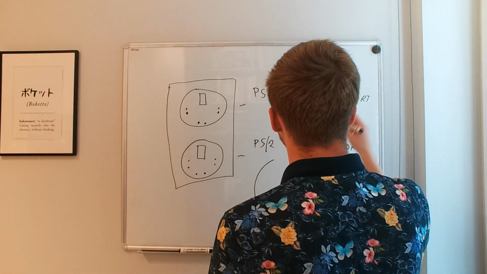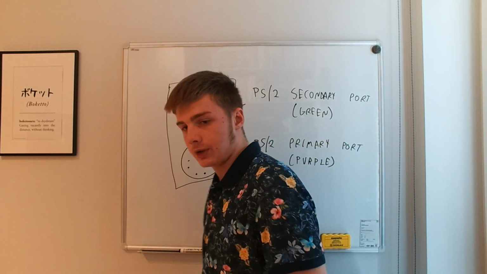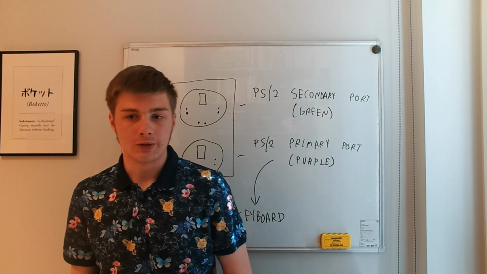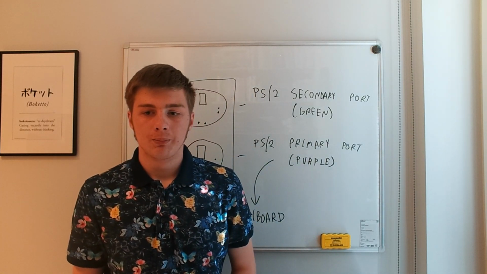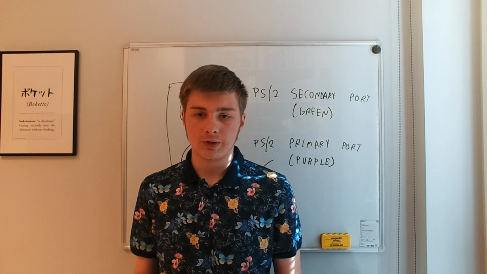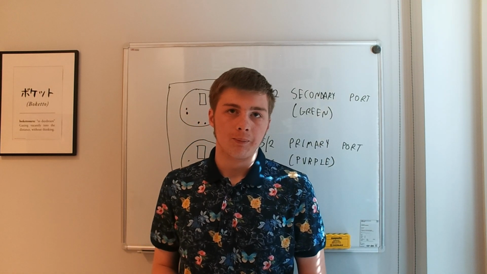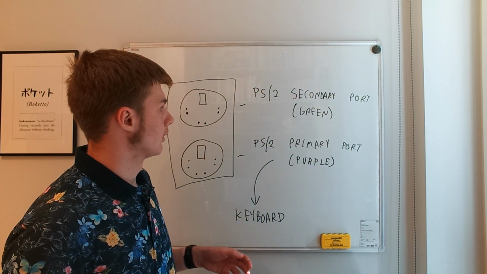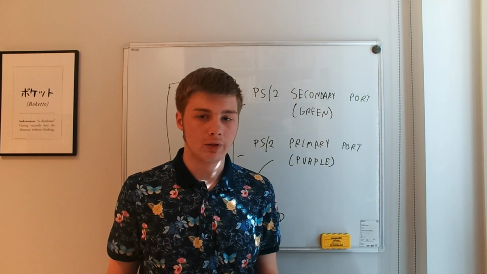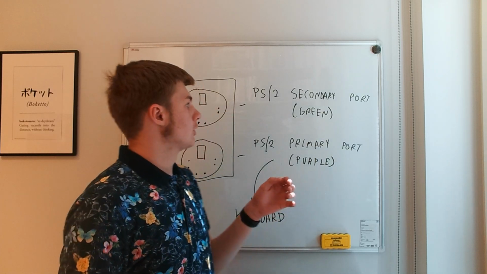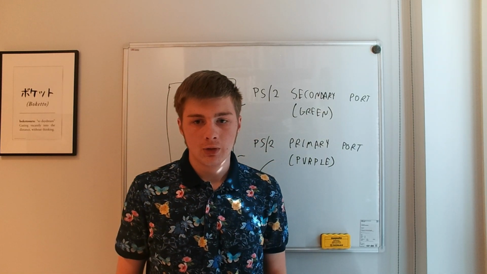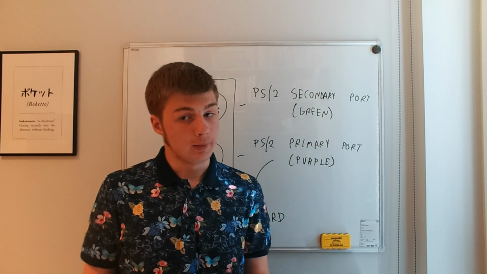As for the PS2 secondary port, which is green, most people will remember it as a mouse. But while this is actually correct, I would like to mention that there were many devices later introduced that used the PS2 secondary port, and they weren't necessarily mice.